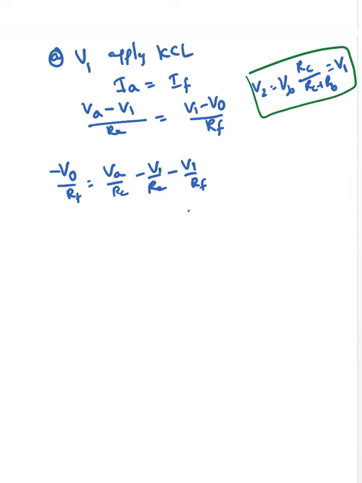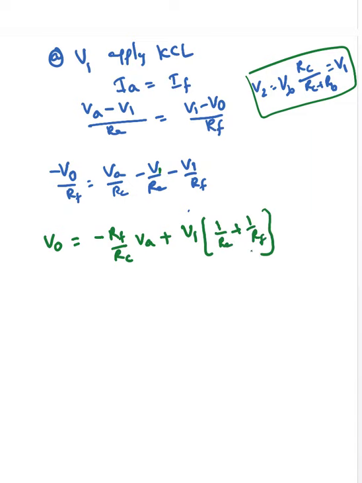So V0 equals minus RF over RA times VA plus, I'm going to put V1 outside, V1 times 1 over RA plus 1 over RF.